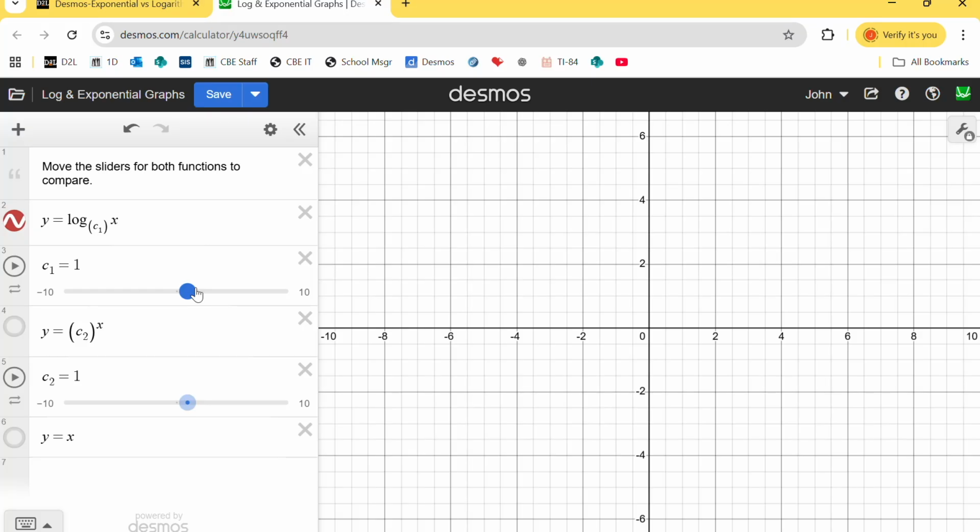If I pick a different x value like 5, how can I raise a base of 1 to an exponent y to equal 5? I cannot do that. So for a logarithm, the base cannot be less than 0, so it has to be greater than 0. There it appears. And then it cannot equal 1, but it can be greater than 1. So that's all my cases and restrictions for a logarithm, and hopefully you can see it not only graphically, but you understand it algebraically as well.